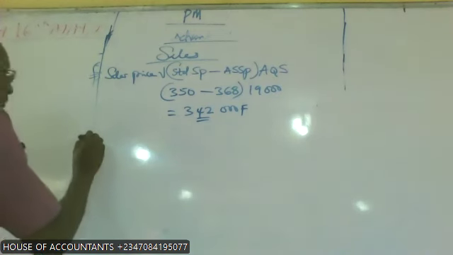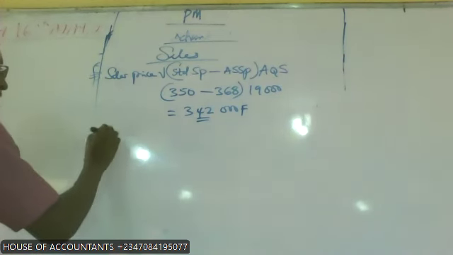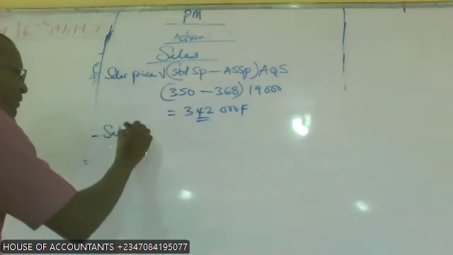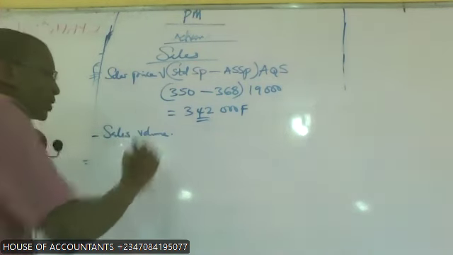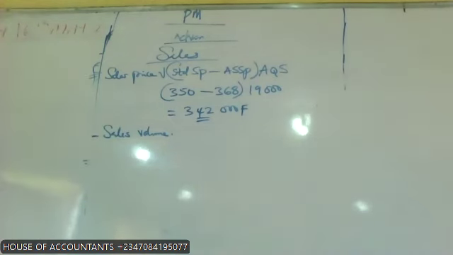Now, the second one we should have done is sales volume. But in this regard, if we are to calculate sales volume, we need budgeted quantity minus actual quantity multiplied by standard profits or standard contribution.